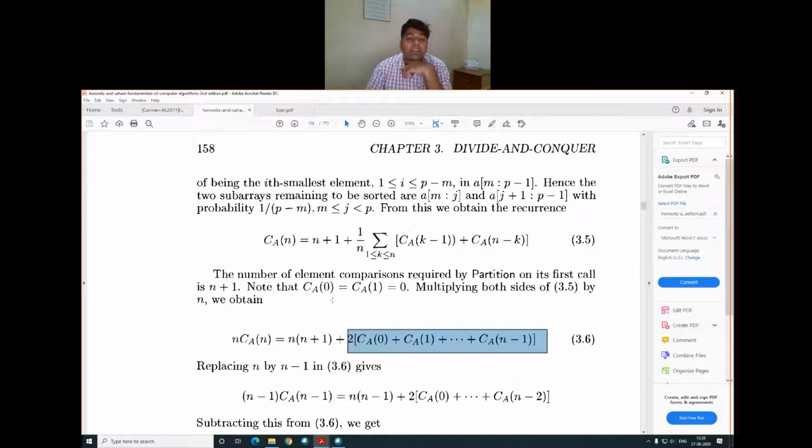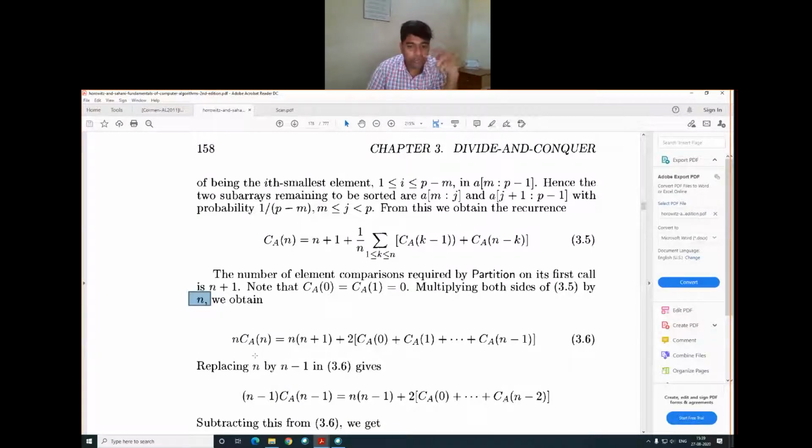After multiplying both sides by n, we know that n C of a n is equal to 1 upon n, so n cancels n, and we'll get 2 times C of a 0 plus C of a 1 plus up to C of a n minus 1.